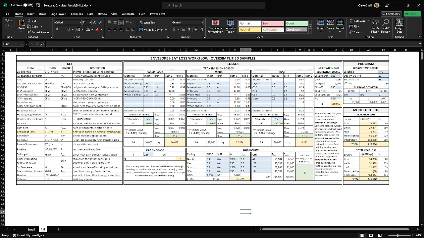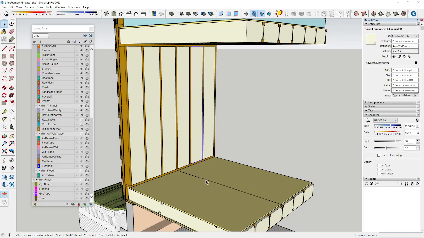There's also, if we have a slab on grade, a way that we do this differently, and this is again a total estimation. I didn't do a slab on grade because in this case I have a frame floor.